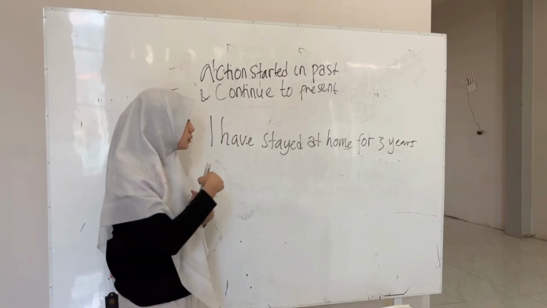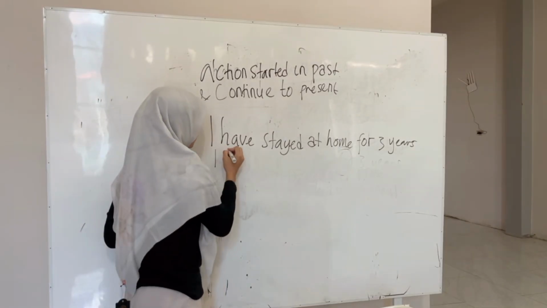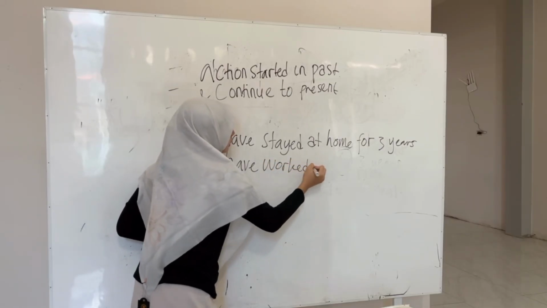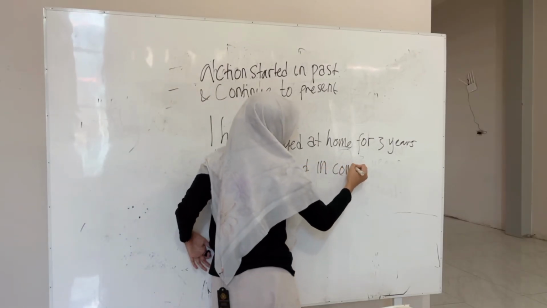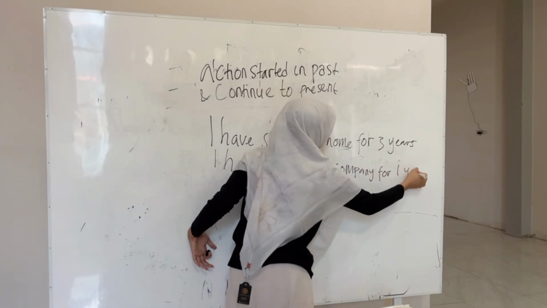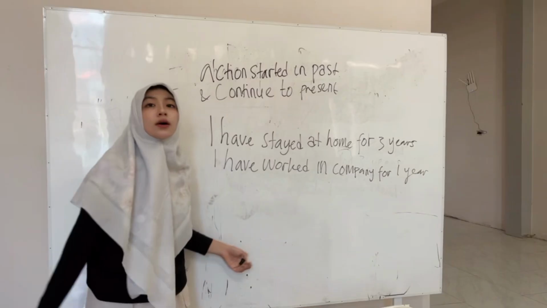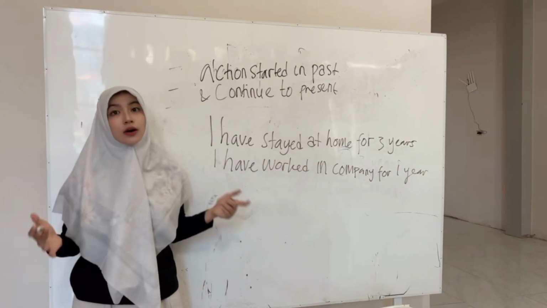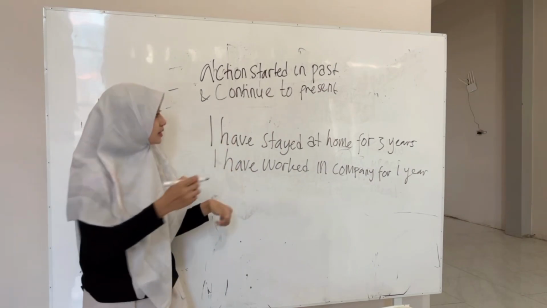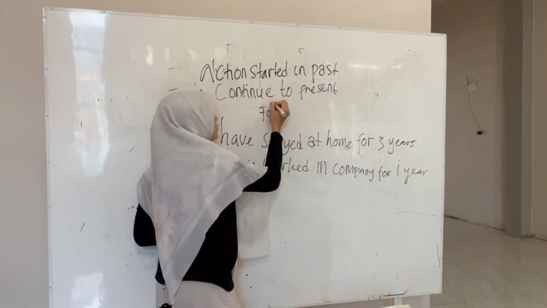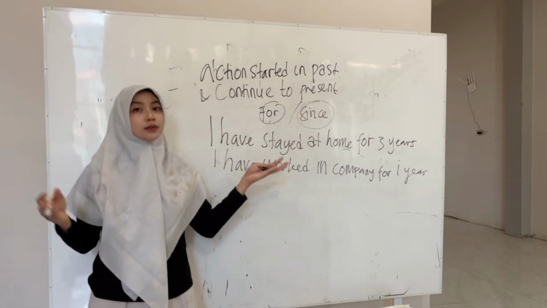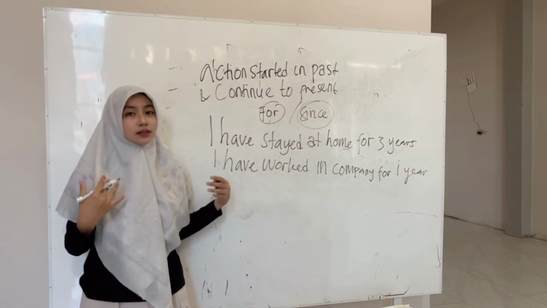So, another example, I have worked in a company for 1 year. So, it's common that we use for or since in the sentence. In the present perfect, we use for or since to tell about the duration, how long it took.